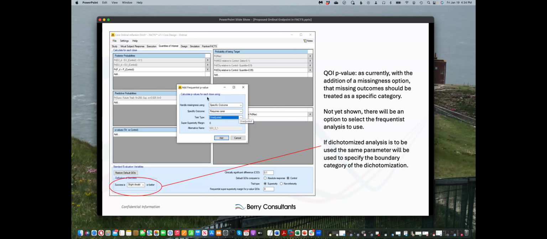Not shown here, not implemented yet, there will be another drop down for selecting between the different frequentist analyses that Todd outlined. And if you're using a binomial test based on dichotomizing the outcome, then it again will use the globally specified threshold for what counts as success in terms of the categories.